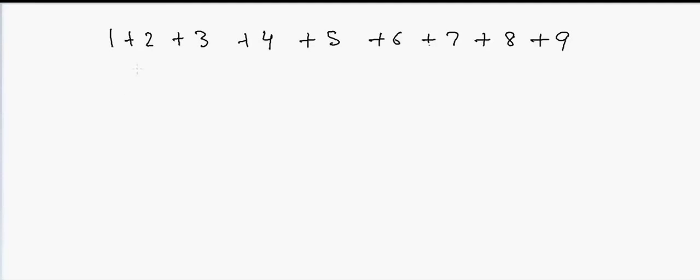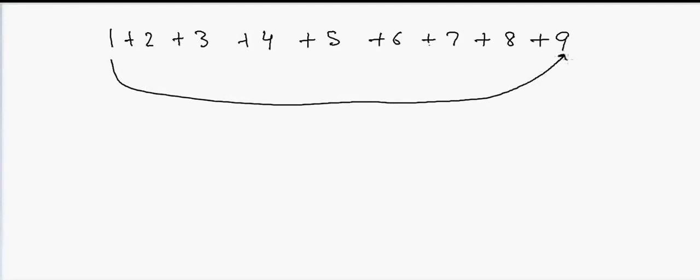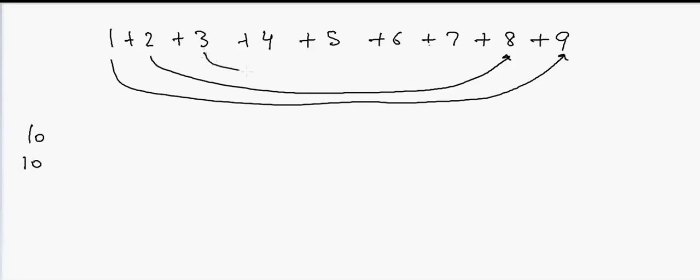So if we look here carefully, we can add this 1 and the 9 here, so we'll get a 10. Then we can add 2 and 8 here, so we'll get another 10. Then we can add 3 and 7, so we'll get another 10.